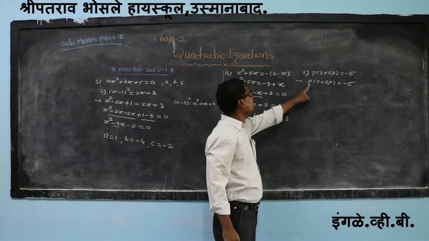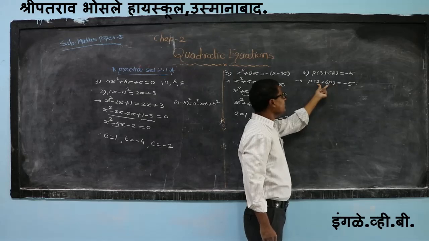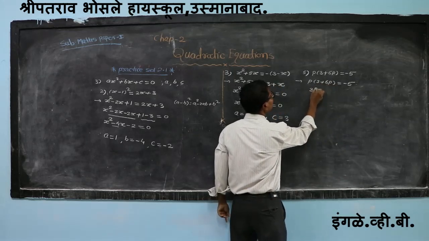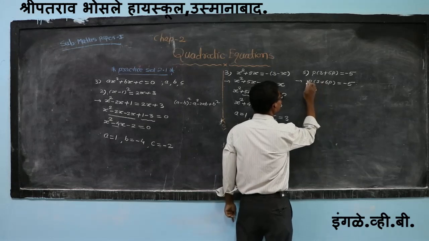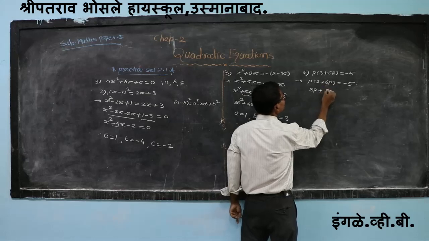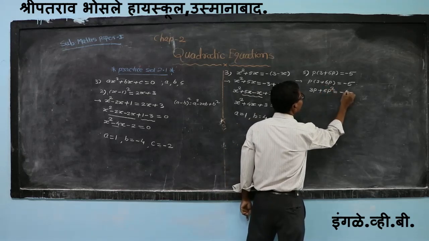Now multiply this p to both the terms in the bracket. So p multiplied by 3 plus p multiplied by 6p square is equal to minus 5.